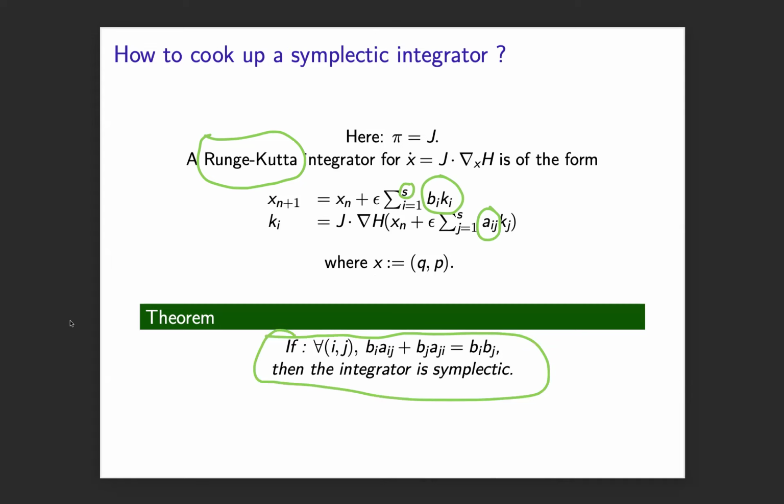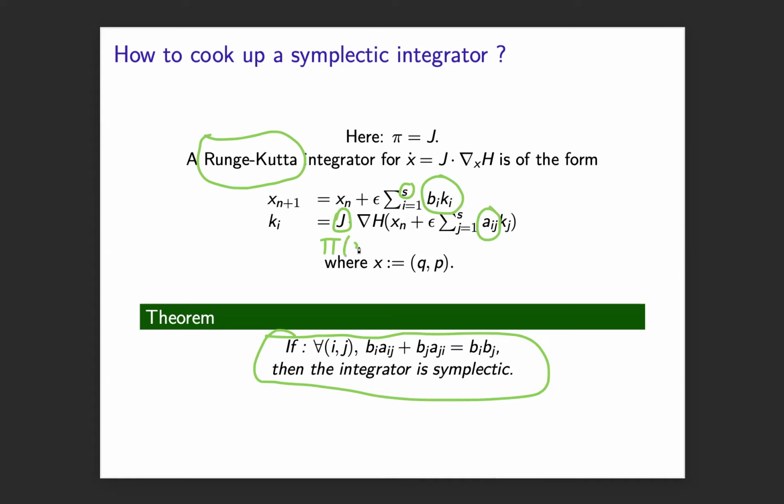So the question to generalize this method to Poisson structures is, could we do the same if we replace J by some pi of X?